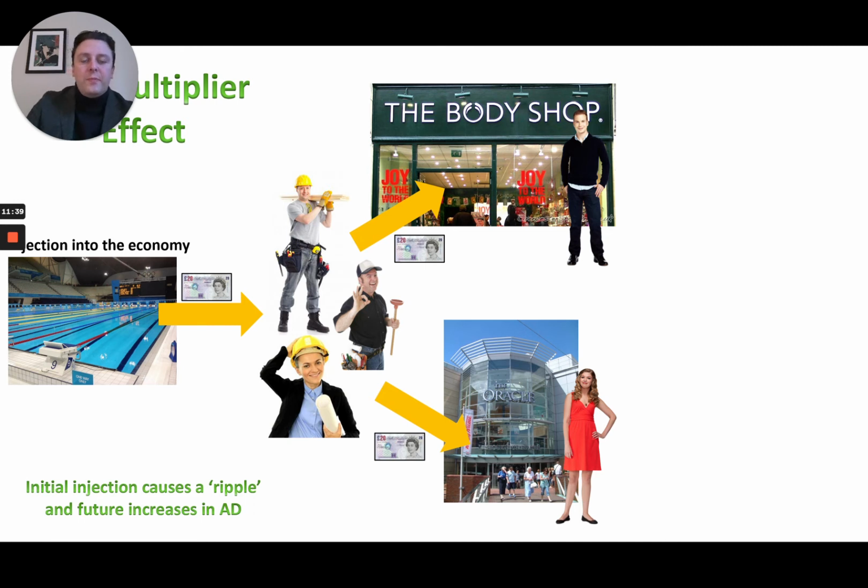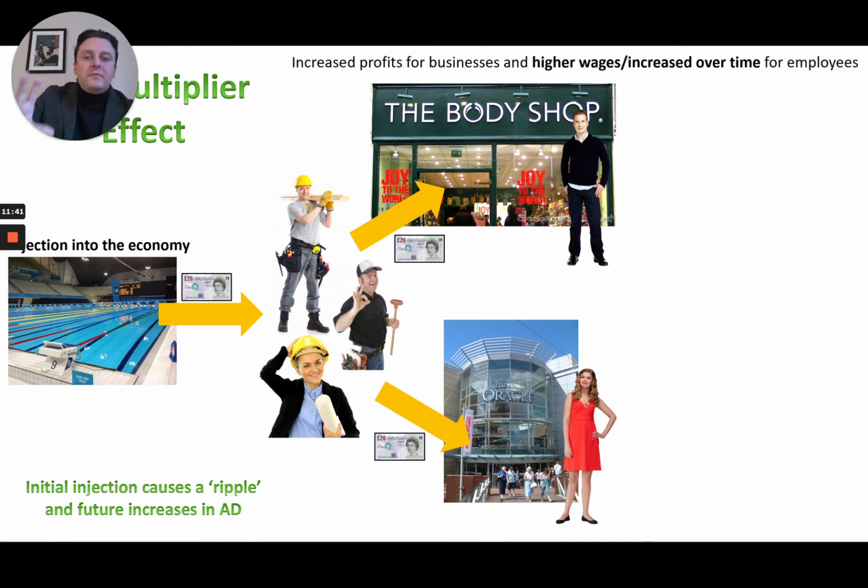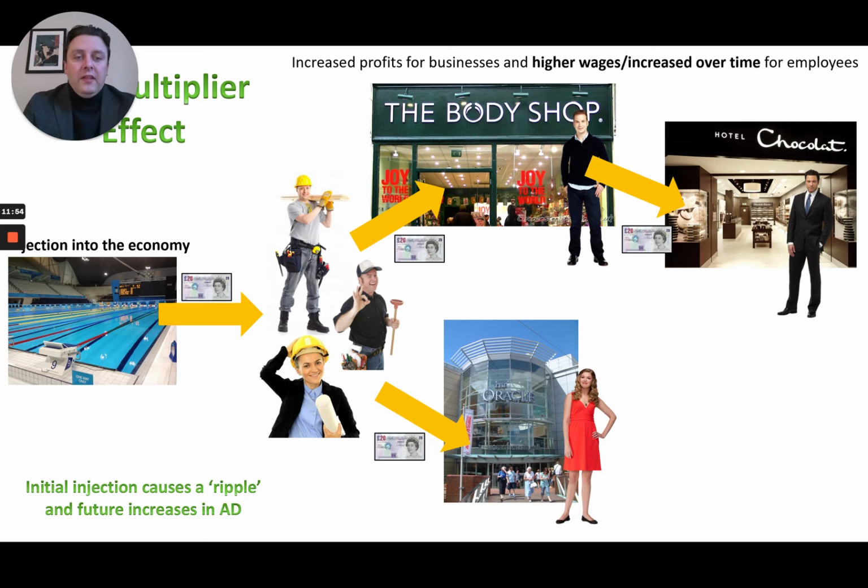So there goes the ripple. That will lead to an increase in profits for businesses. An increase in profits of business should lead to higher wages for their employees. They're then going to go out and spend money in other sectors. It could be going to a chocolate shop, could be going on a holiday, could be buying more takeaways.